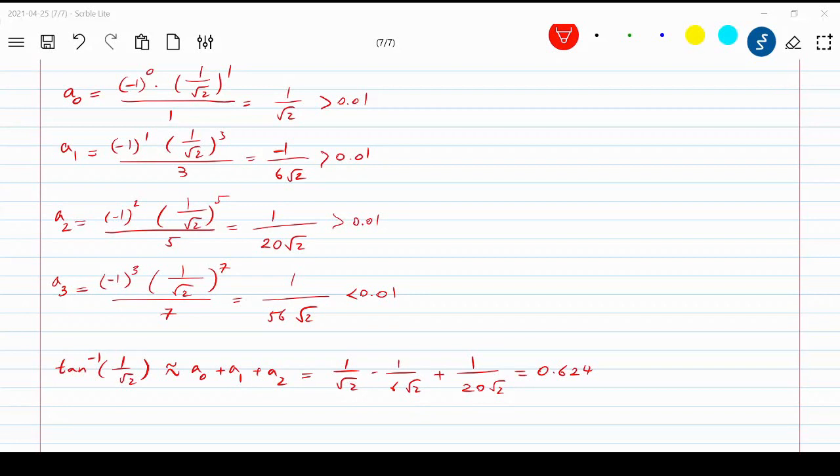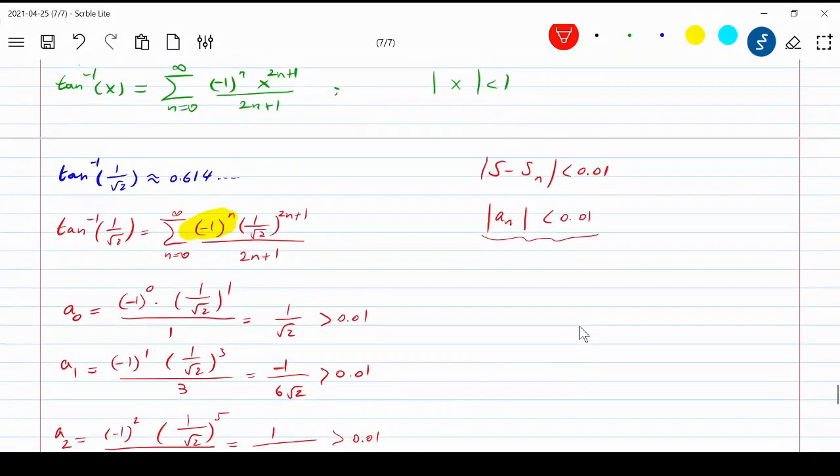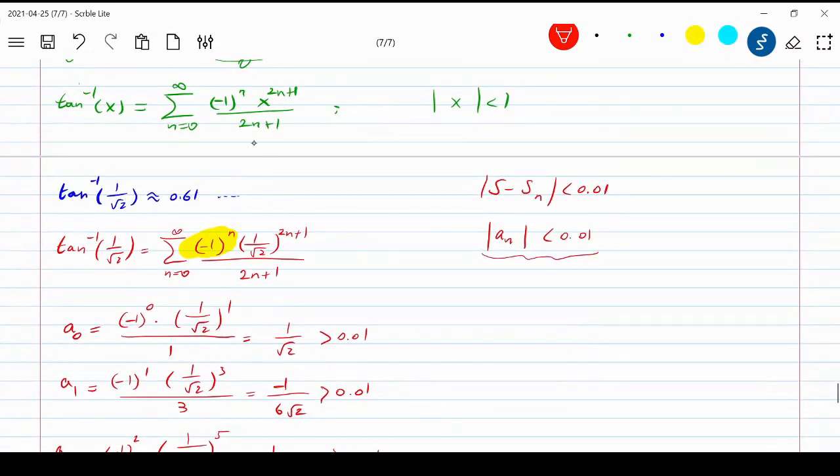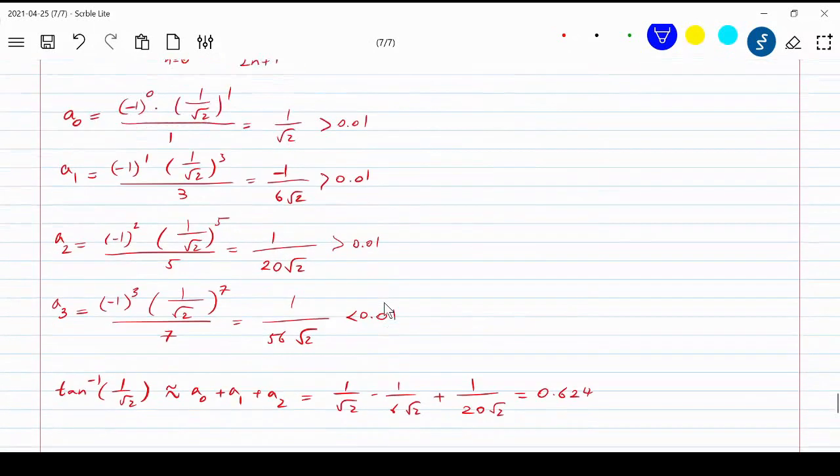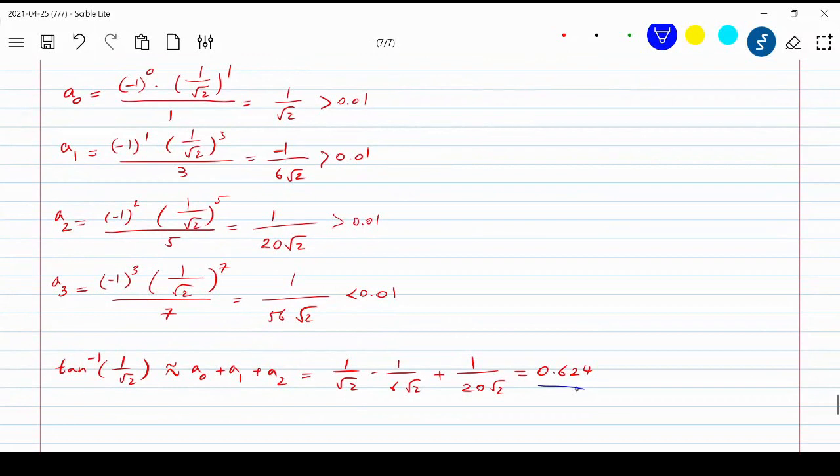And the exact value, I can check the exact value as well, just to make sure. The exact value is 0.6154. And you notice the difference between these two is less than 0.01.